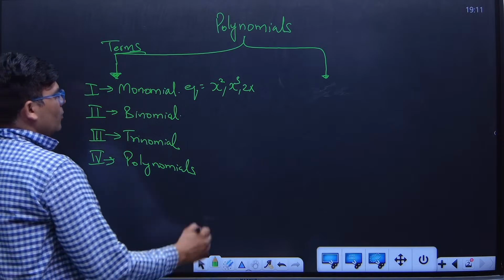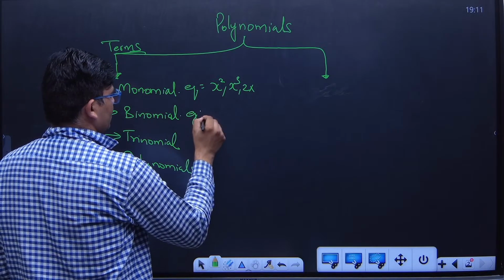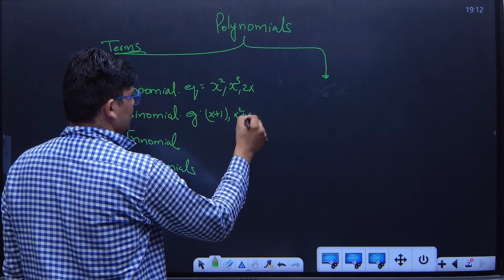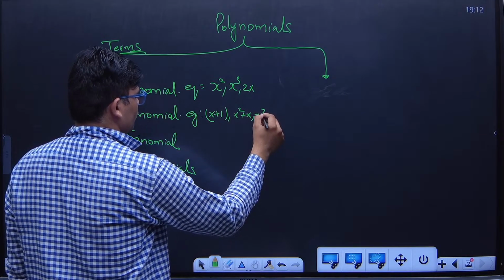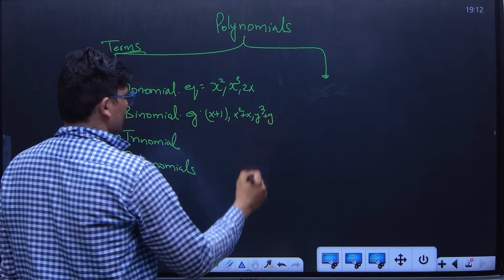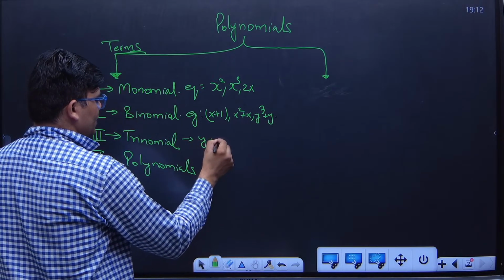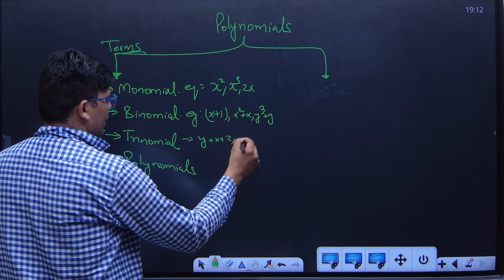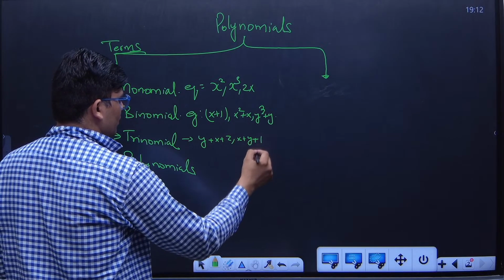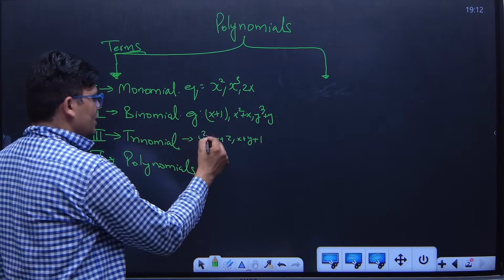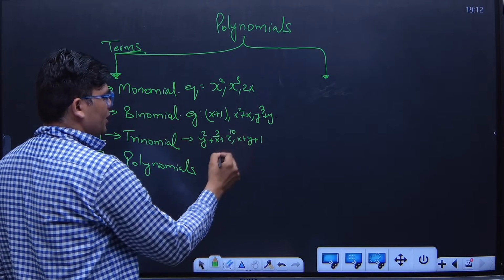If I talk about binomial, the examples are x plus 1, x square plus x, y cube plus y. If I talk about trinomial, it is y plus x plus z, x plus 1 plus y. It can be anything, but having three terms. It can be y square as well, x cube as well, z to the power 100.